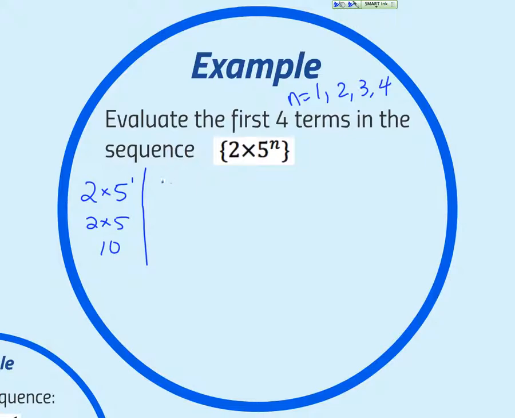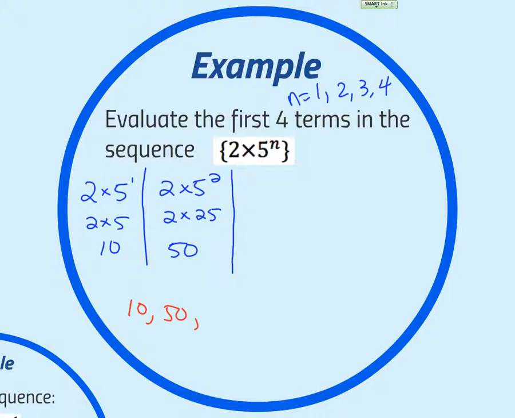Then I've got 2 times 5 to the second power. Keep in mind to follow your order of operations. So I have to do 5 squared first, which is 25. And 2 times 25 is 50. So I want you guys to keep going.